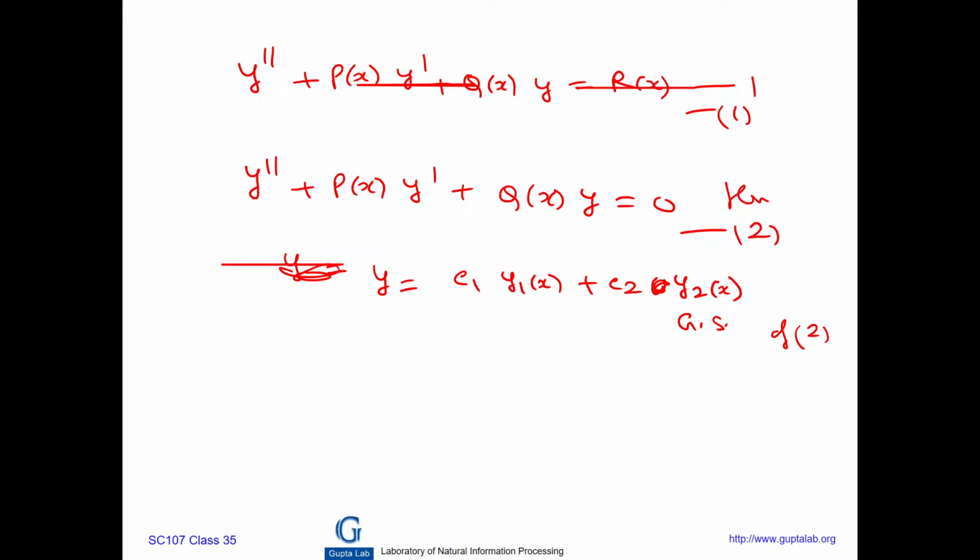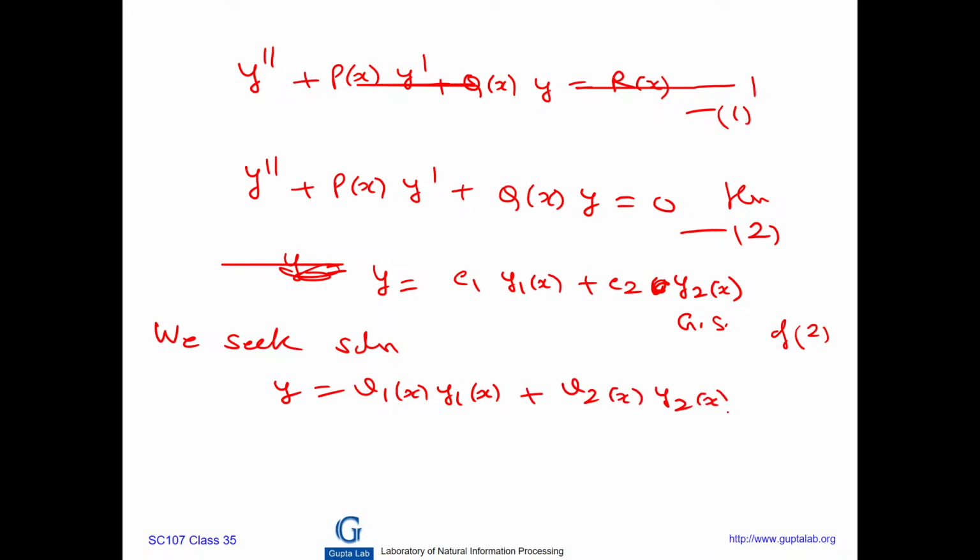So this is method of variation of parameters. We seek solution of the form y is equal to v1(x) times y1(x) plus v2(x) times y2(x), and we substitute this in equation 1. But what are v1, v2?